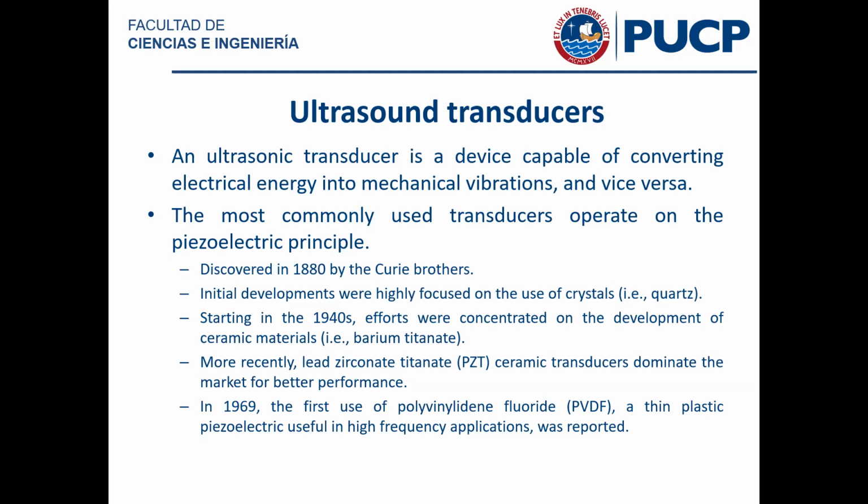So starting in the 1940s, people started to work on ceramic materials, and this led to PZT ceramic transducers, made of the lead zirconate titanate compound, which still dominate the market for better performance even nowadays, probably. CMUT transducers would be cutting very close or even outperforming this technology, but they are not so widely available anyway.